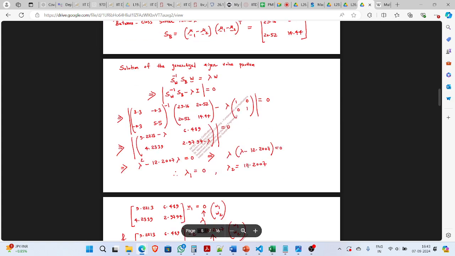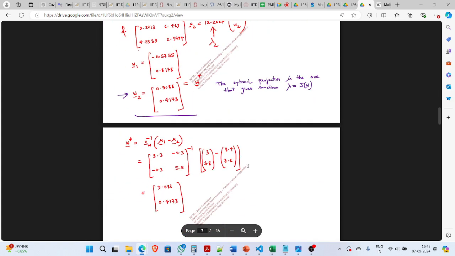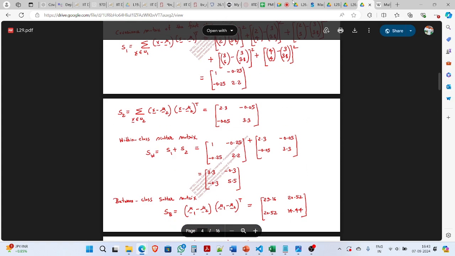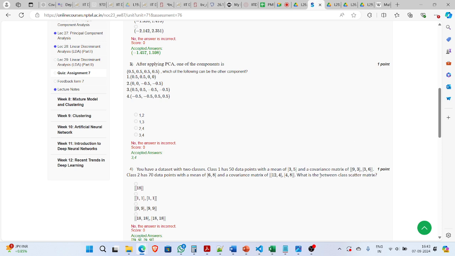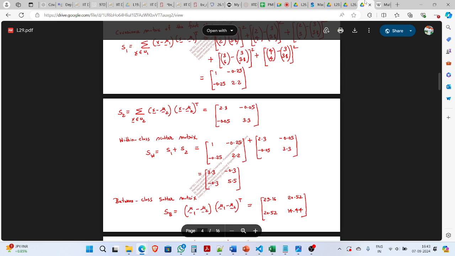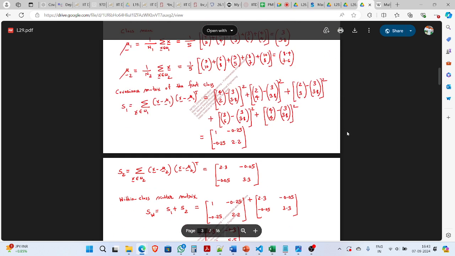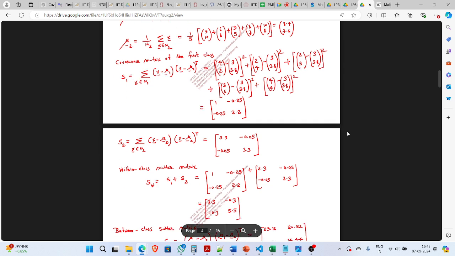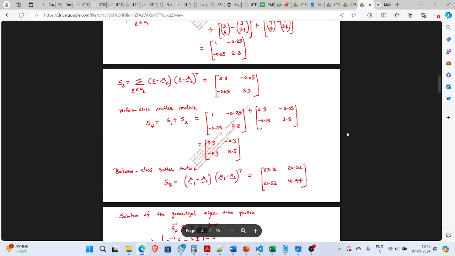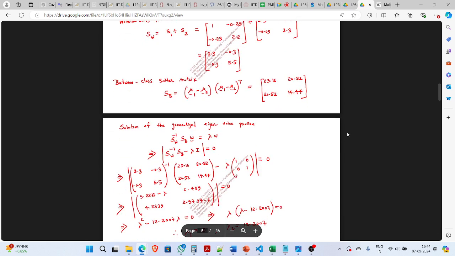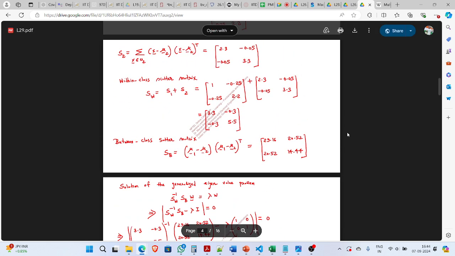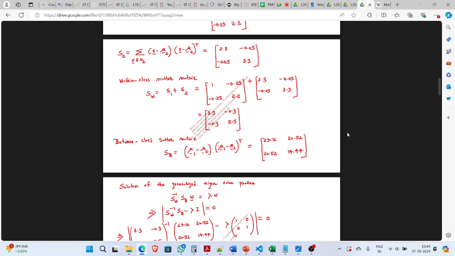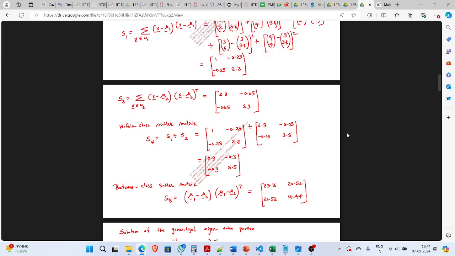Okay, but maybe they're asking for something else. Between class scatter matrix. Between class scatter matrix. Yes, this is the one. Between class scatter matrix. Okay.